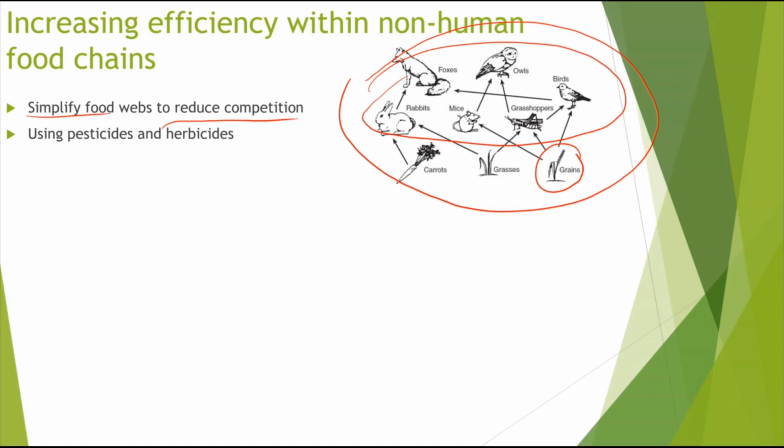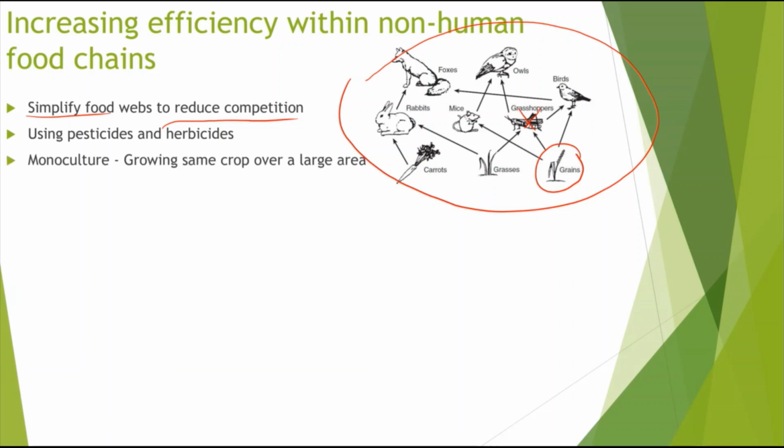So what we could do is use a combination of herbicides and pesticides, so these grasshoppers would be killed by the pesticides, and also if there's weeds around, these could be killed by the herbicides, and so this would just reduce the competition, so we can get a higher yield of the wheat grain we want.